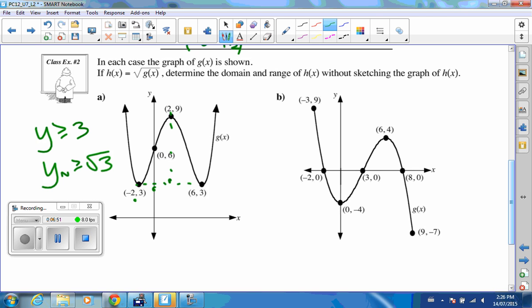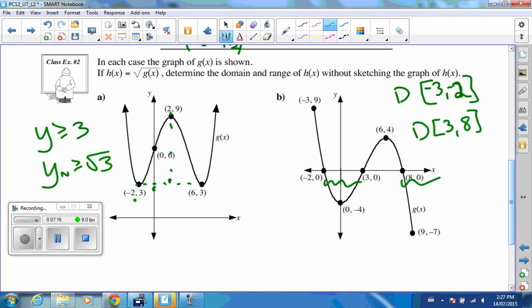This thing, the domain is going to change because it goes negative and negative. So my domain is going to be from -3 to -2, and then from 3 to 8. And that's it. So that's my domain, those two pieces.